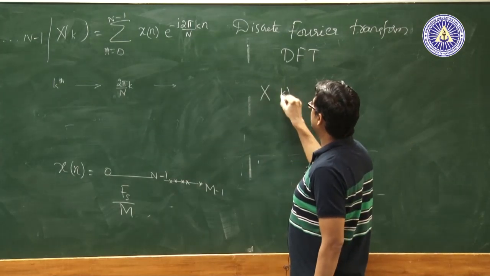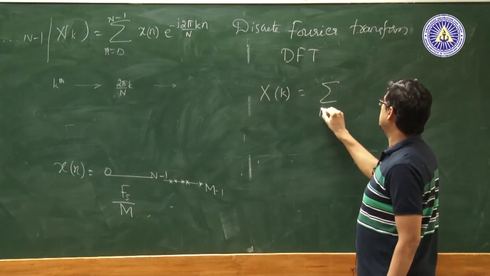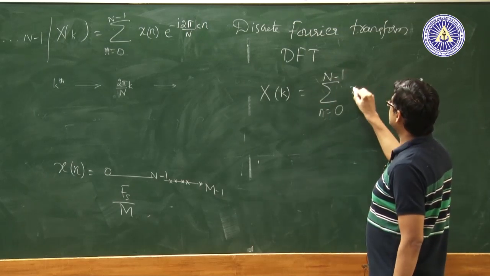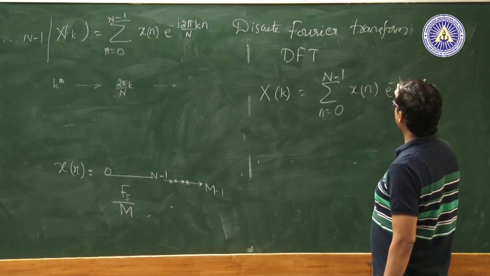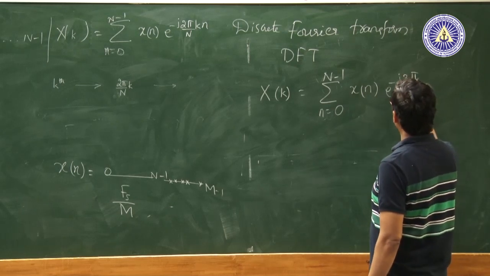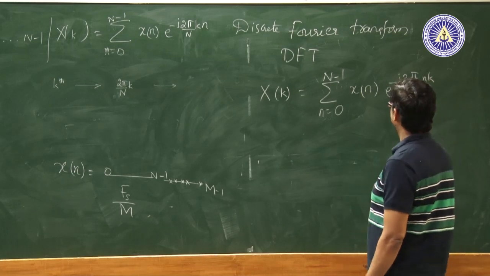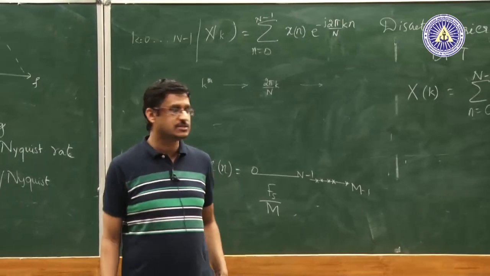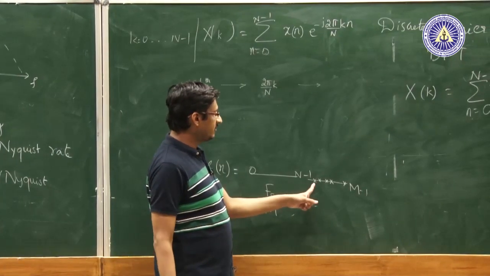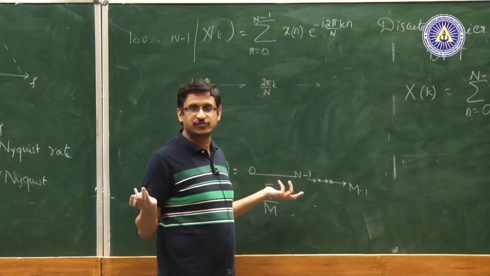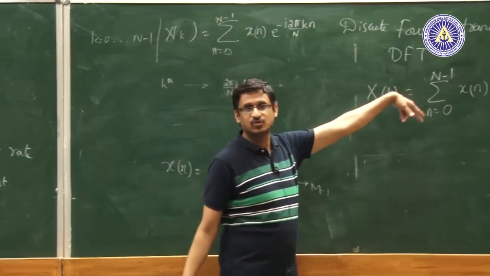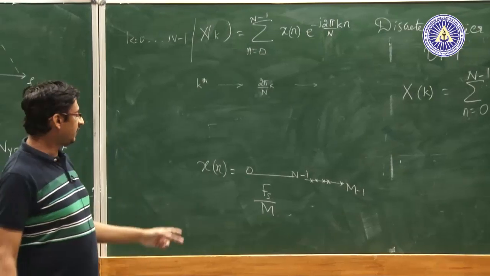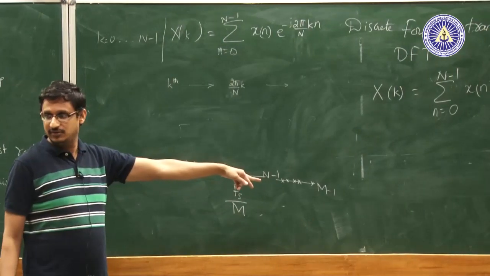X of k is the sum for n equals 0 to N minus 1 of x of n e to the power minus j 2 pi by M n k. Is that correct? Yes, because the values you have added, from N to M minus 1, are all zeros, so they have no effect on the summation. But the frequency resolution has increased.